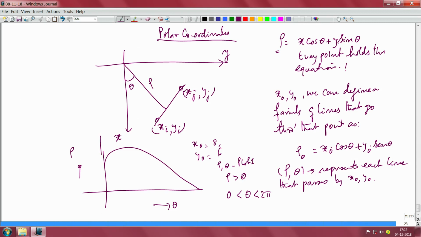Let me just complete this. You take one more and intersect it here, it goes like this, and one more goes like this.